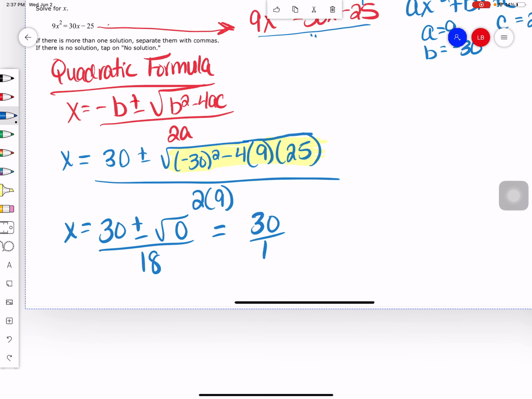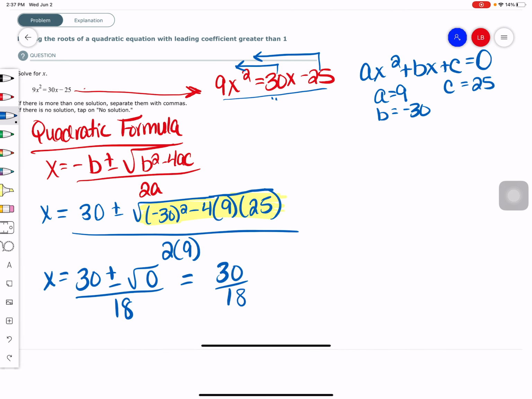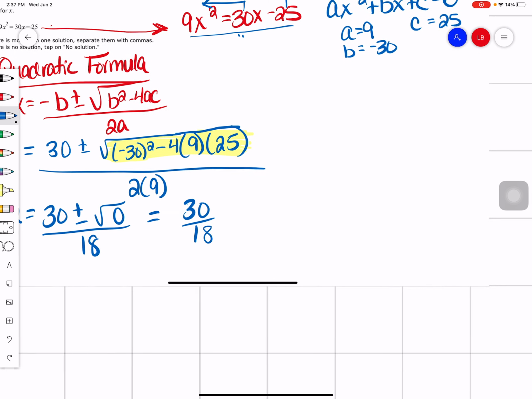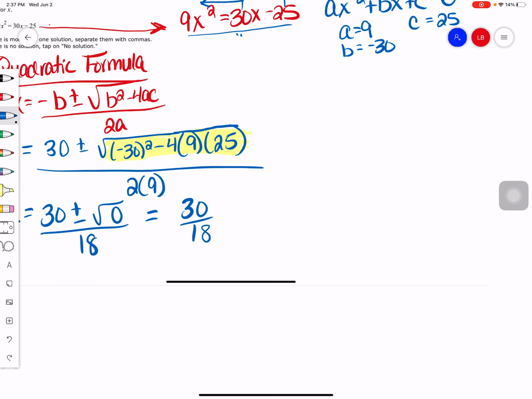Now, guys, technically you have your answer here. It's 30 divided by 18, but that is not simplified. That is not reduced. So we need to ask ourselves, what is the largest factor that will go into both 30 and 18? Well, I know 3 goes into 30 and 18.